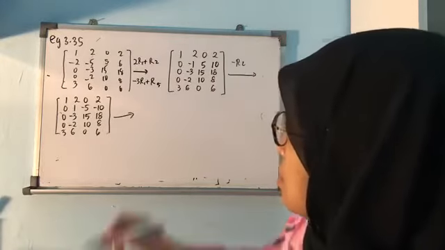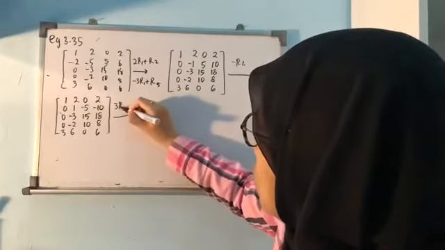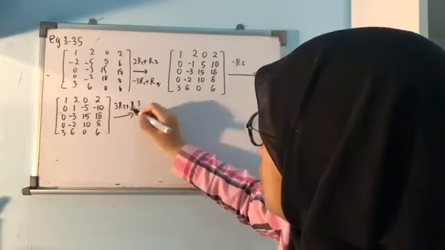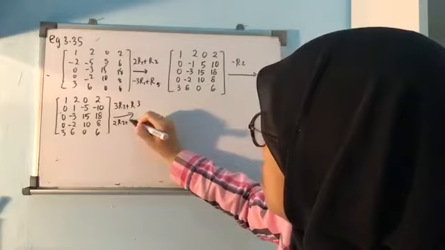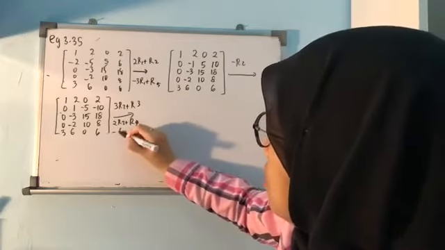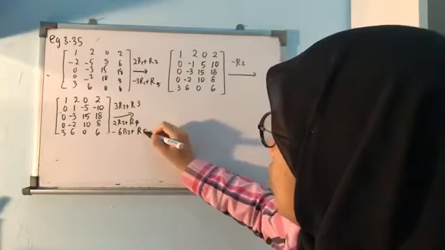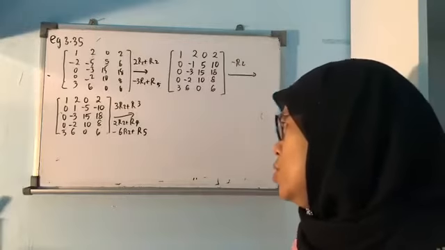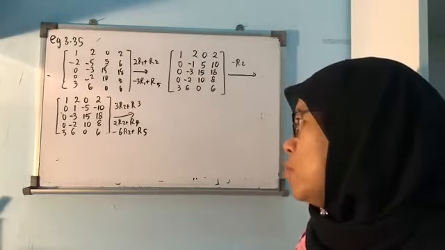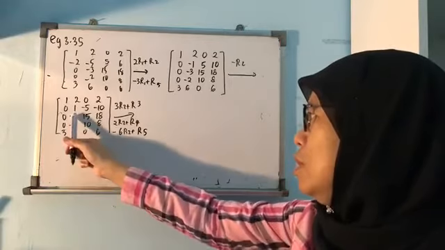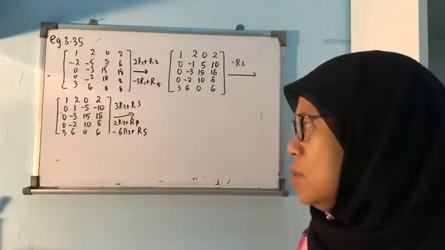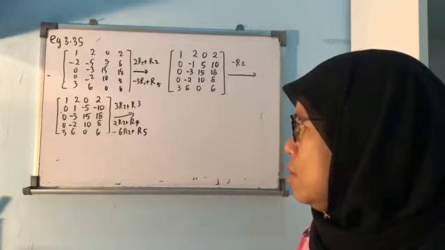Okay, next. 3 row 2 plus row 3. 2 row 2 plus row 4. Negative 6 row 2 plus row 5. Try to use the same row, although you can also use this because the row is changing. Okay, don't use other rows.